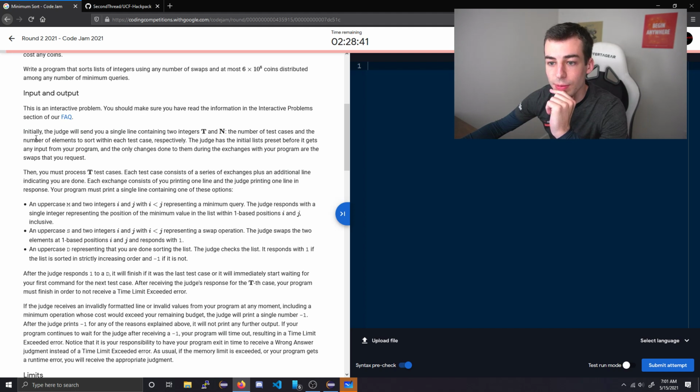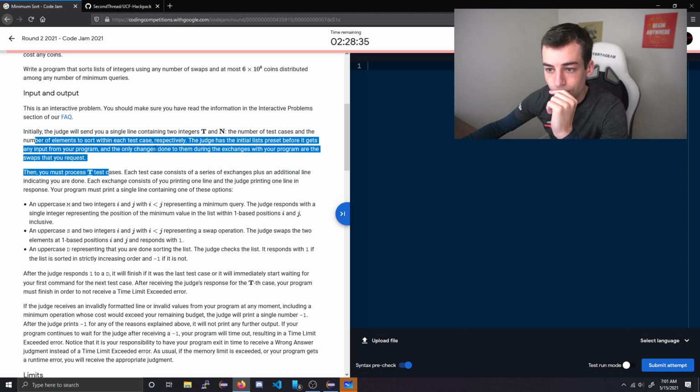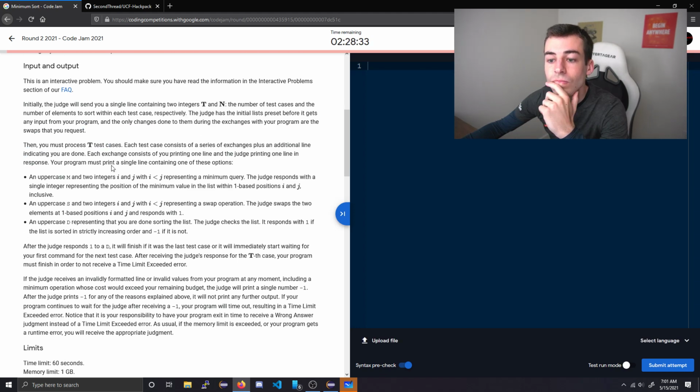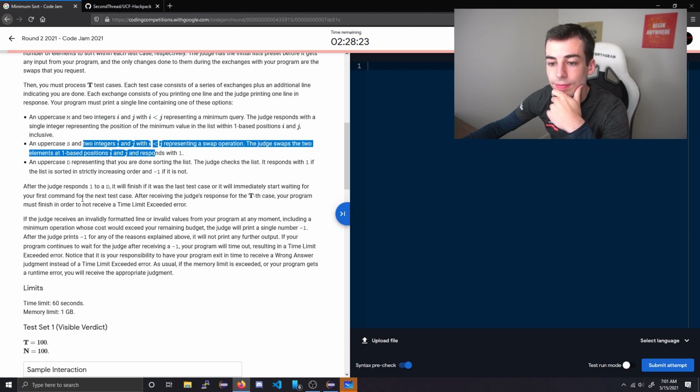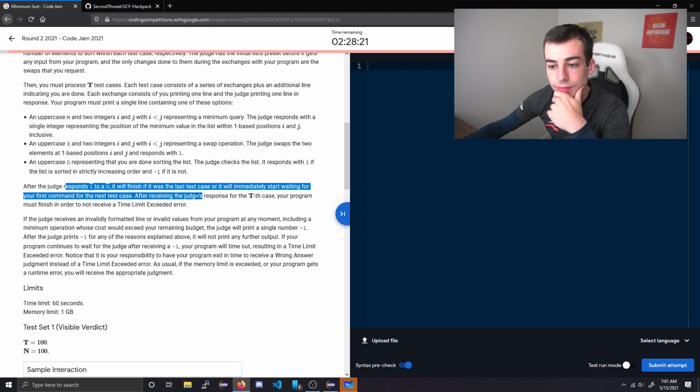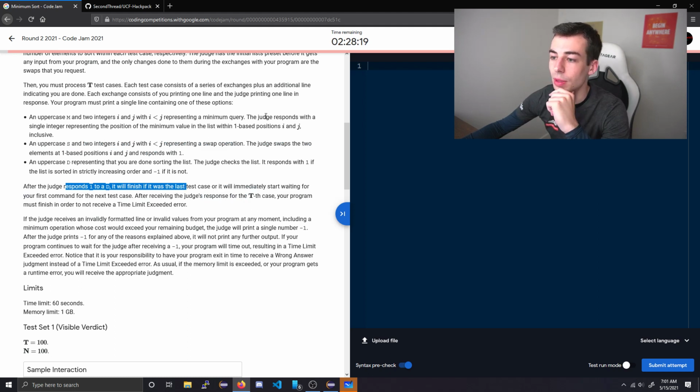So we've got some test cases. You can find the minimum, or you can swap two indices. Swap is pretty easy. What if you find the minimum?